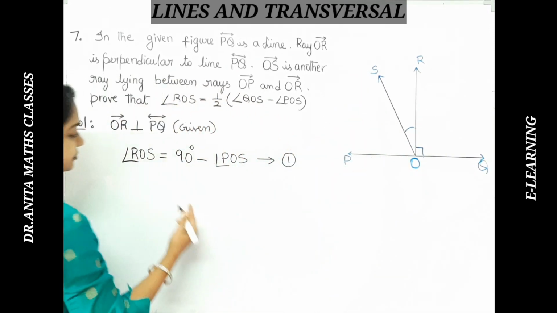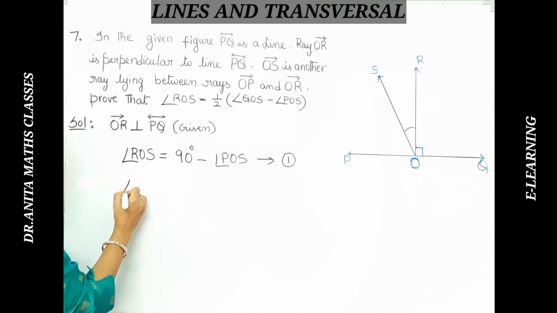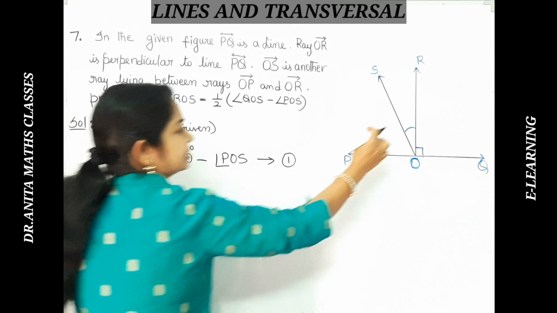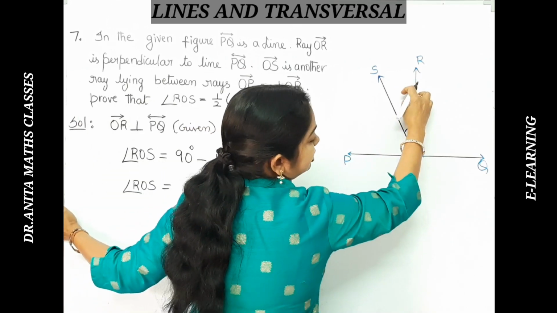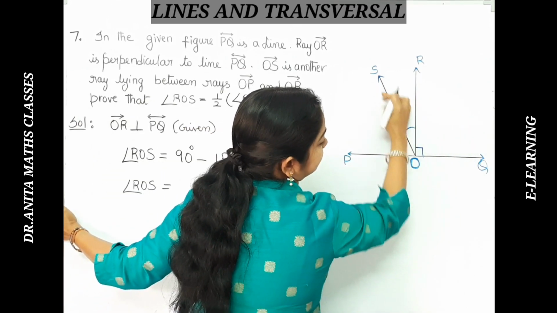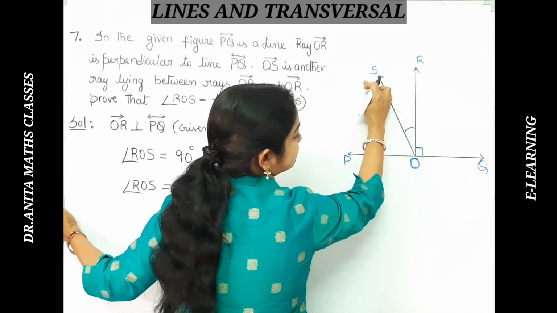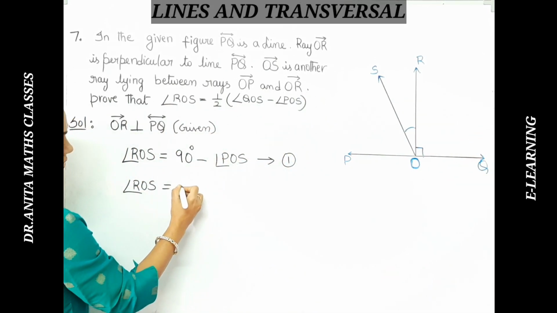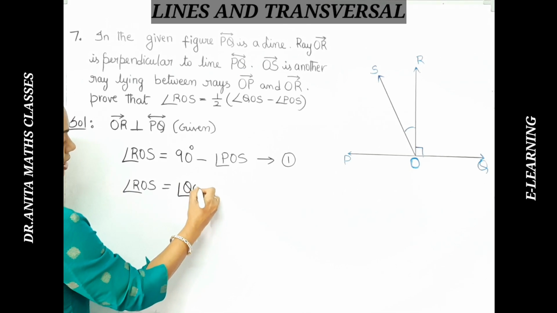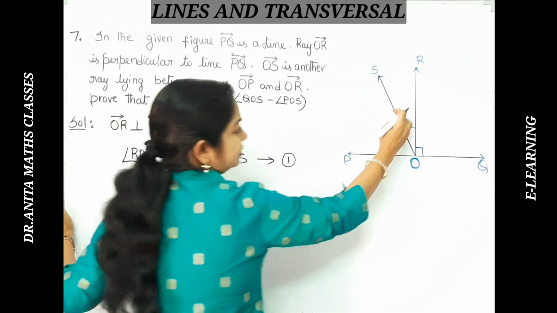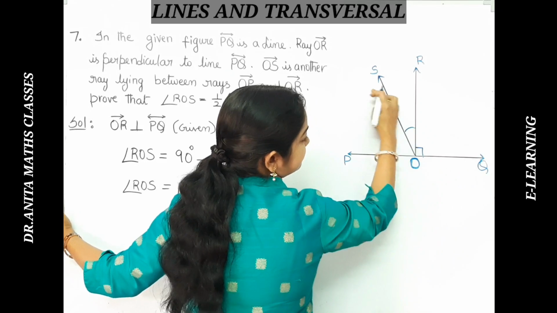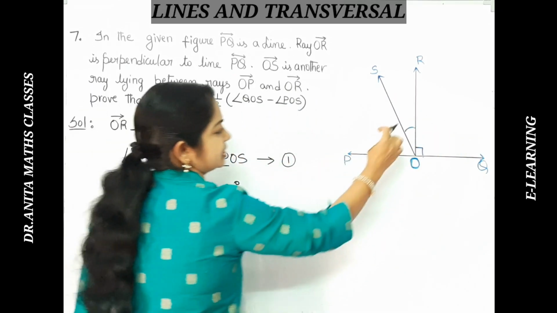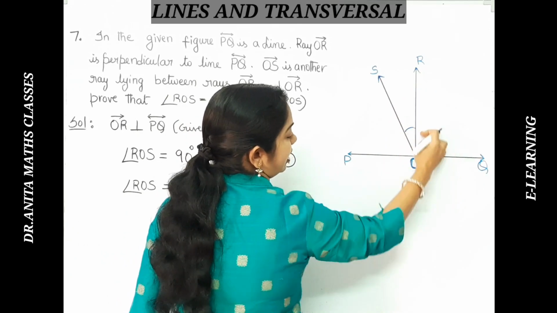From there, I can also write angle ROS is equal to angle QOS subtracted by angle QOR, that is angle QOS minus 90 degrees. We can take this as 90 degrees because OR is perpendicular.